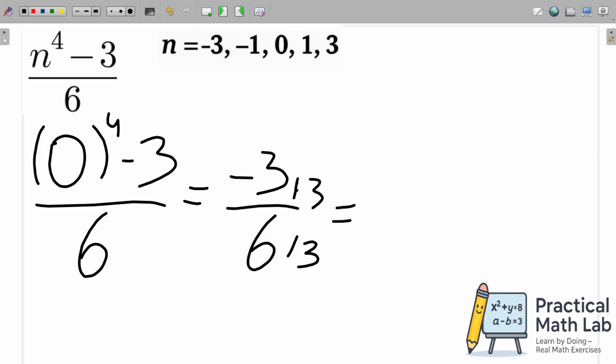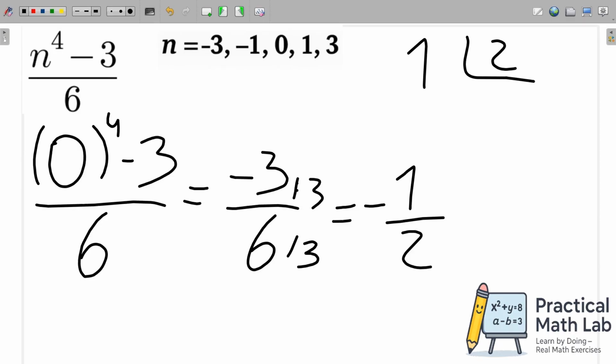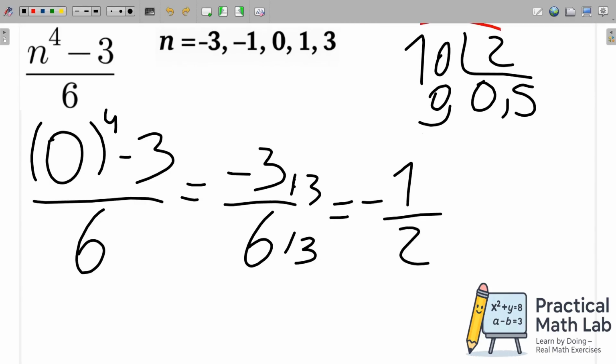It becomes -1/2. 1 divided by 2, can we divide it? No. 0 point, add a 0 here. 10 divided by 2 is 5, because 5 times 2 is 10. Nothing left. So, when it's 0, n will be equal to -0.5. Let's keep this result here.